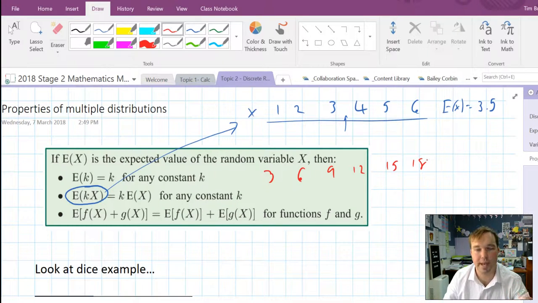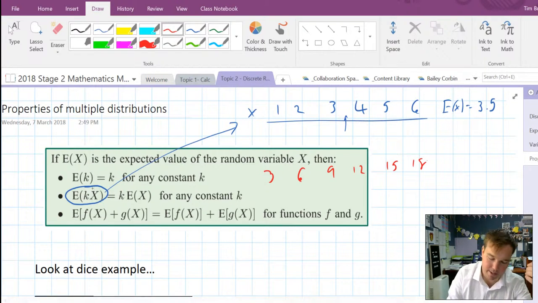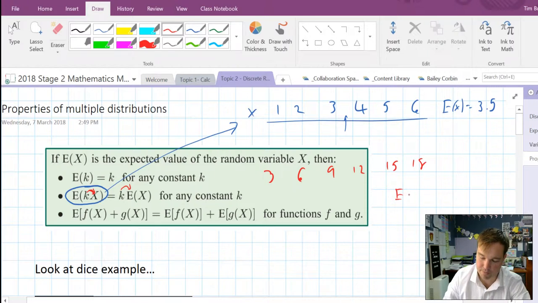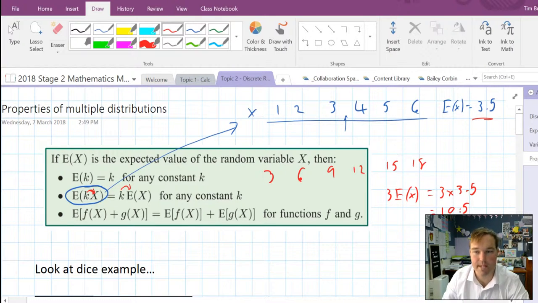Rather than having to recalculate the expected value by hand long ways, we can say that, well, if every value is multiplied by 3, it must be 3 times the original value. So the expected value of x is just 3 times what we had previously. 3 times 3.5. So what's that? 10.5. So the expected value now would be 10.5.